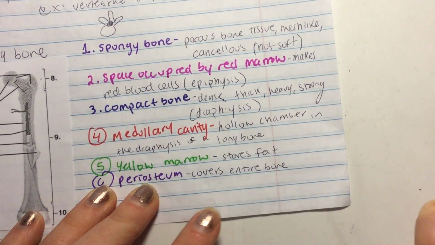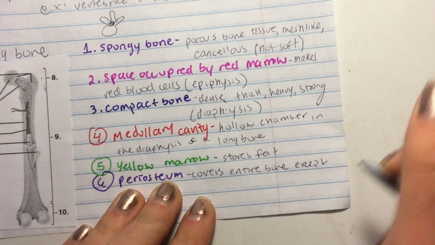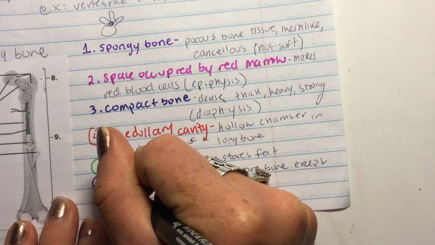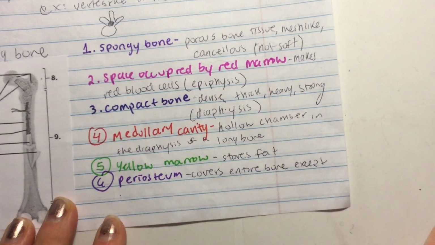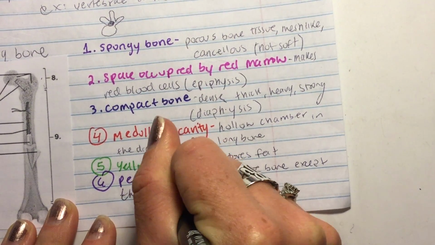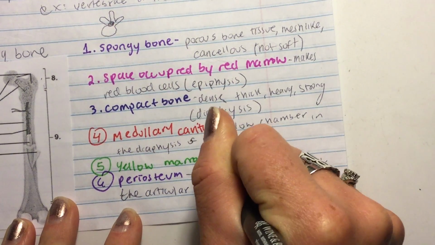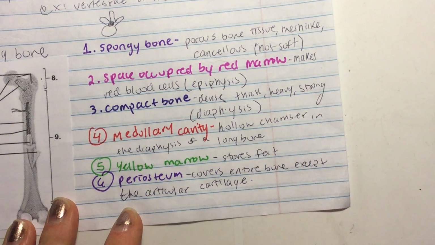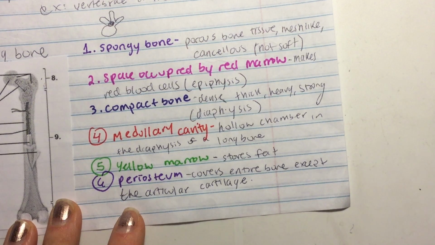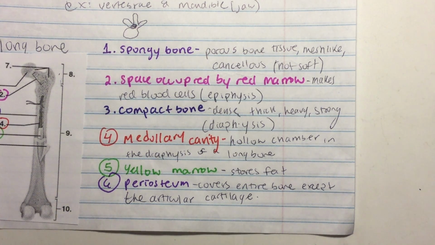It's like our skin covering our entire body, just covers the entire bone except the articular cartilage. And we'll label that in just a minute too. Okay, so it's pressed to the bone and continuous with the ligaments and tendons. A nice kind of skin-like layer covering the entirety of the bone.